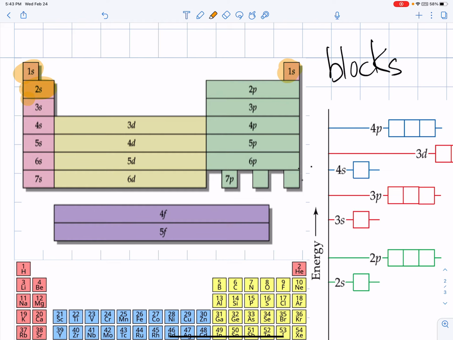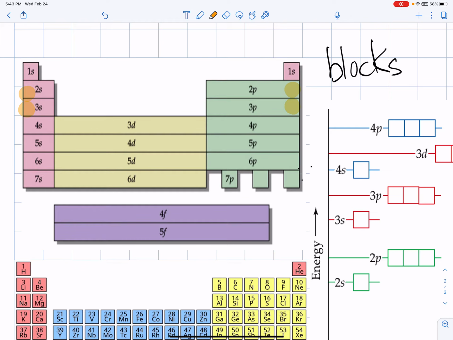But if you notice a little pattern, when you have elements in row 1, hydrogen and helium, those were filling up 1s. Elements in row 2, from lithium right across to neon on your periodic table, they're filling up the 2nd energy level. When you're in the 3rd row of the periodic table, the 3s and the 3p, you're filling up the 3rd energy levels for the S and the P blocks.